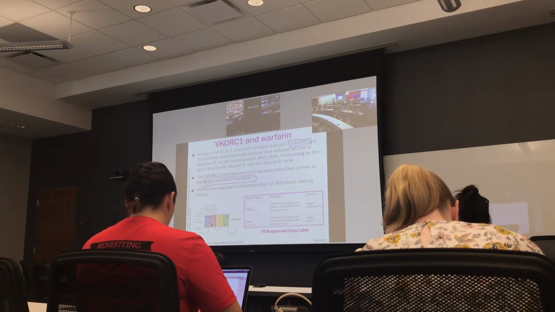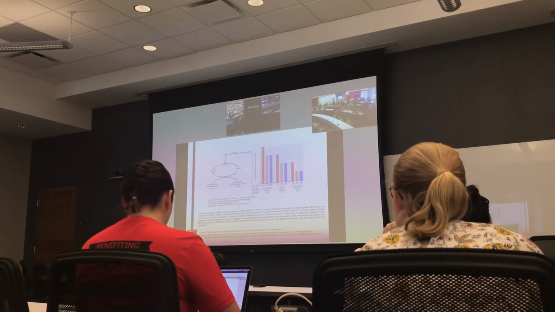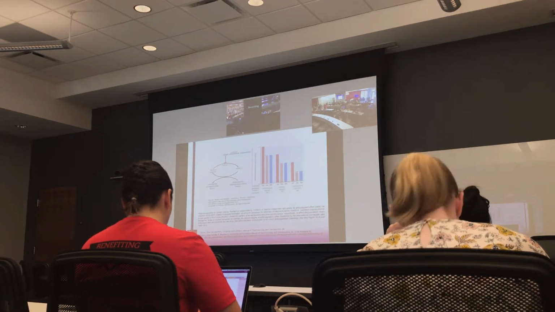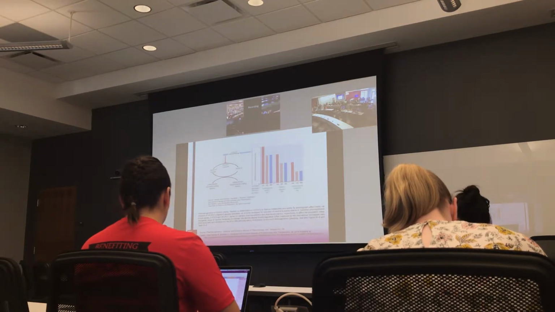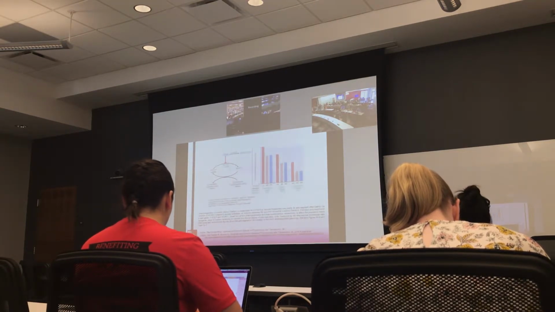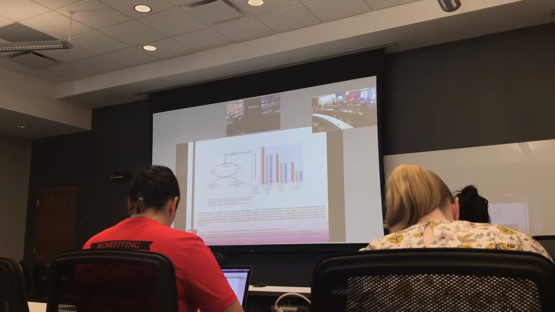I'm going to spend a little bit of time talking about the interplay between these two factors on pharmacogenetics and warfarin dosing. Warfarin is inhibiting one of these factors, VKORC1, which will vary in your patient population. It's also being metabolized by CYP2C9, which will also vary in your patient population.